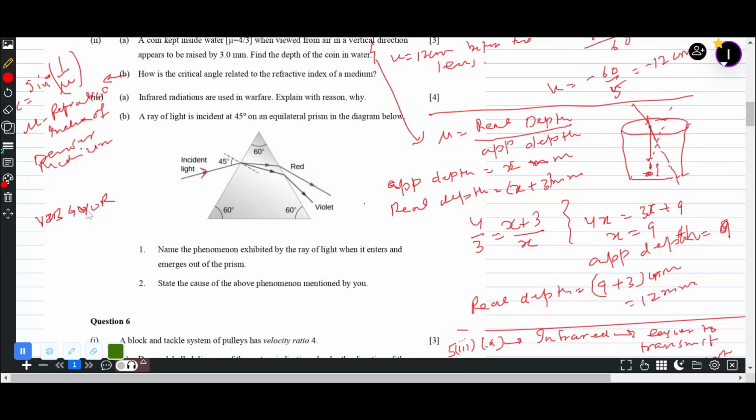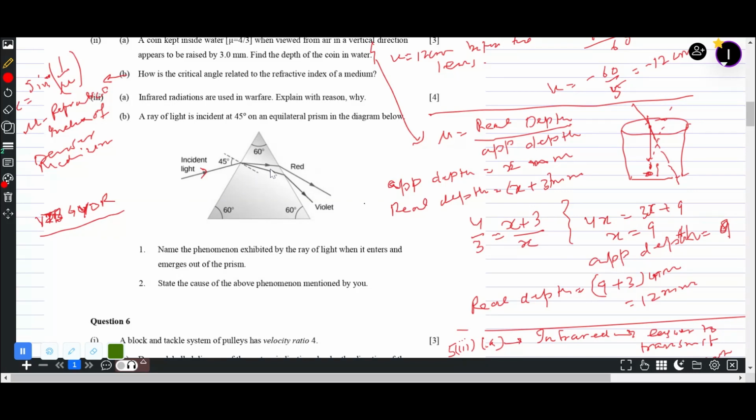It breaks up into all its light components because of the difference in speed of these colored lights, and the deviation they suffer. Different lights travel with different speeds in different mediums. Red travels fastest, because red has the maximum wavelength, and violet has the minimum wavelength. c is equal to f lambda; frequency remains the same, so they deviate at different angles.